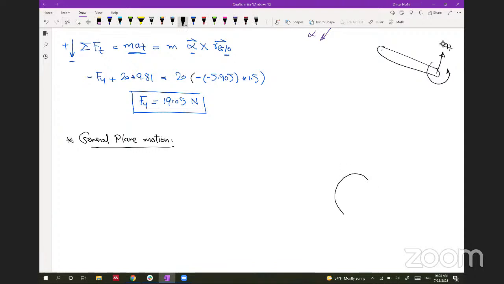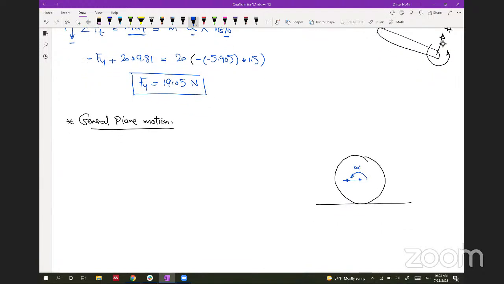So if we have a circular disc or a bicycle wheel moving on the ground, with an alpha in this direction, and the wheel is moving in this direction, it rotates and translates.